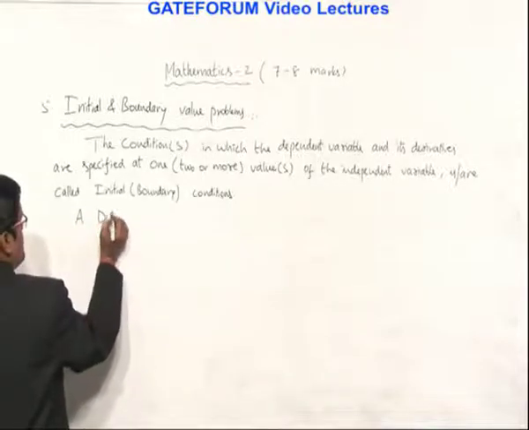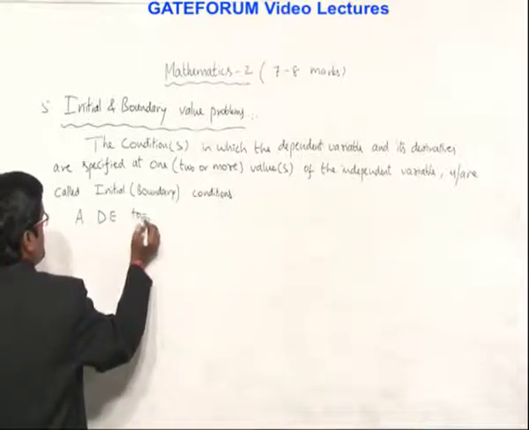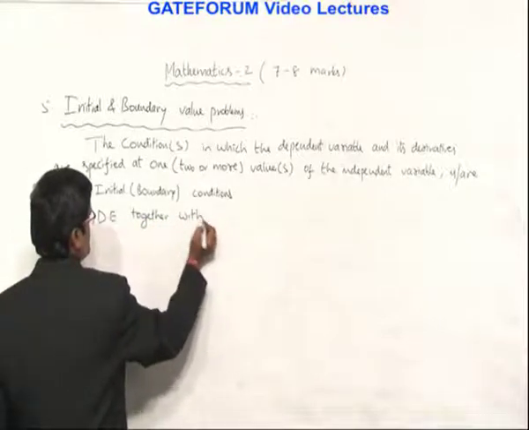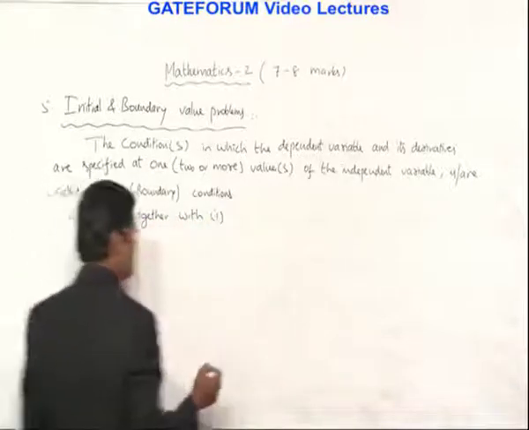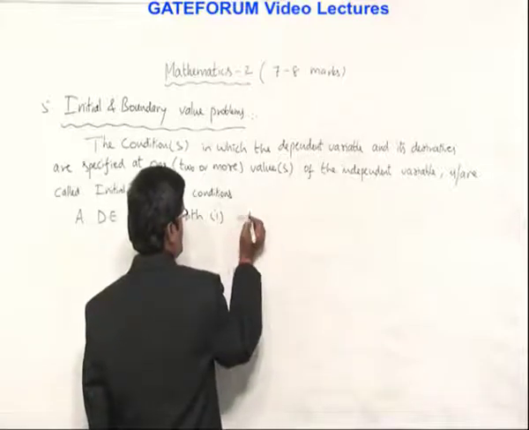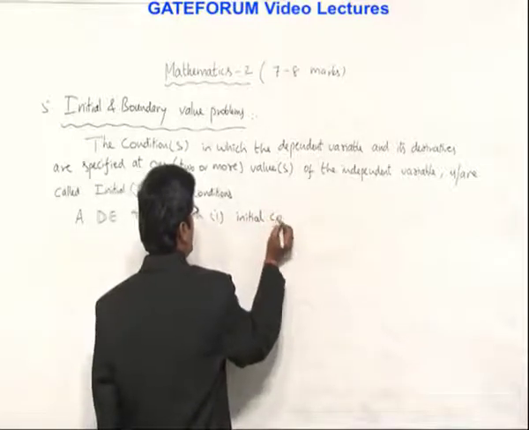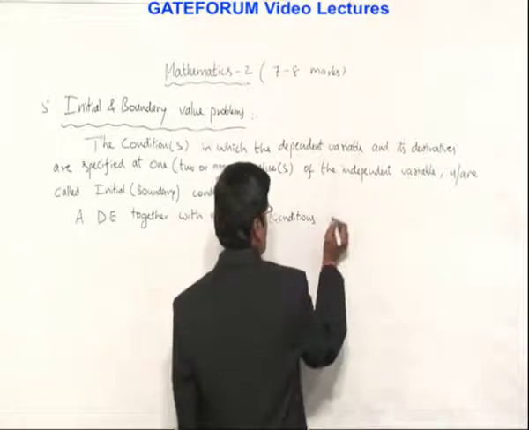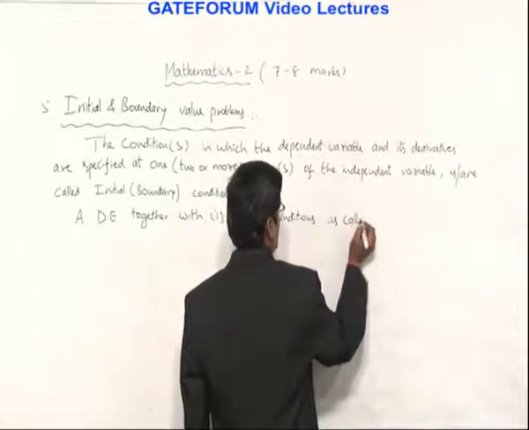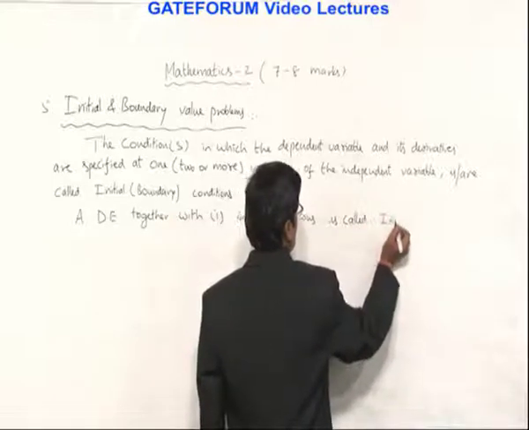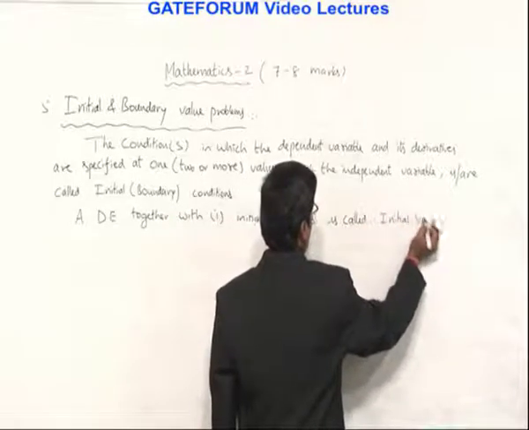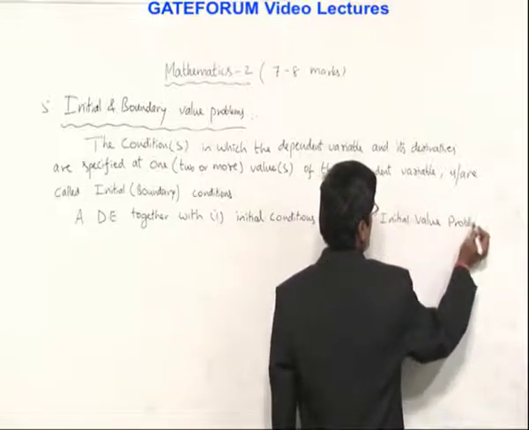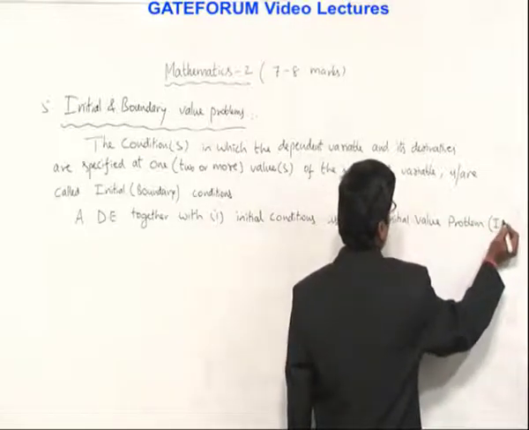A DE together with initial conditions is called an initial value problem, abbreviated as IVP.